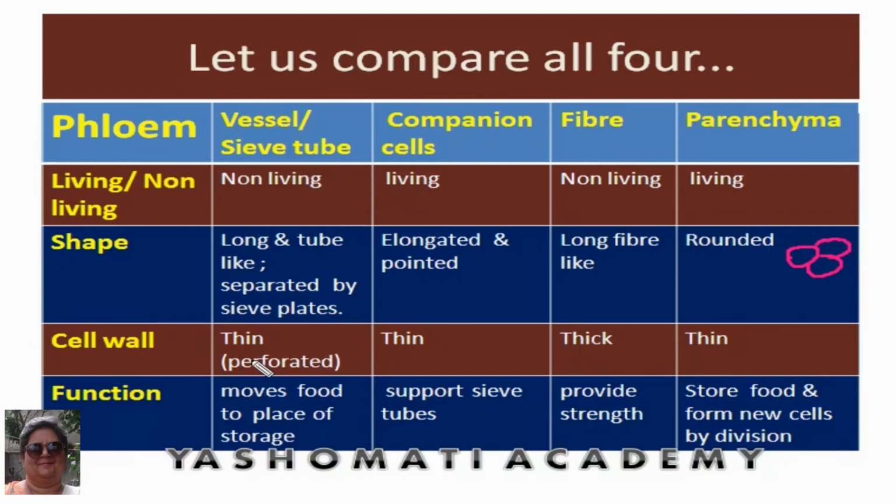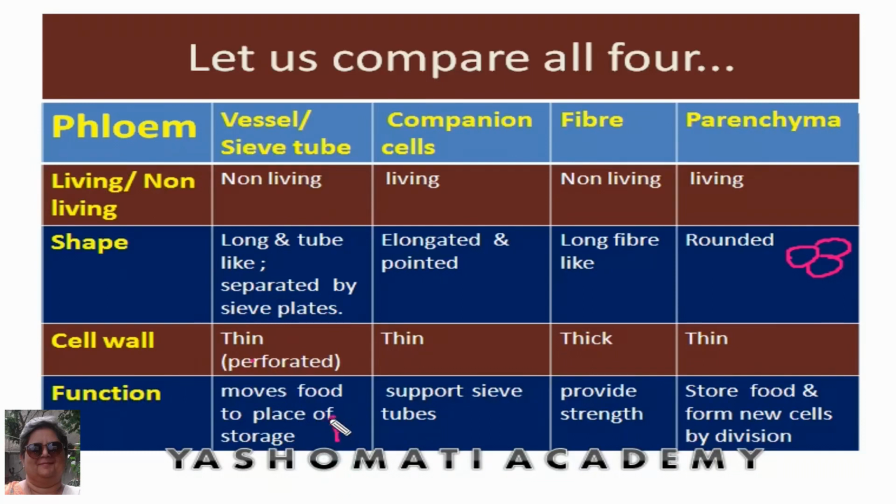In case of sieve tubes, the cell wall is perforated because the middle wall has the sieve plate which is perforated. In companion cells, it is thin walled. Fibers are sclerenchymatous cells, so they have thick wall, and parenchyma also has thin wall. The function of sieve tubes is to move food to the place of storage.